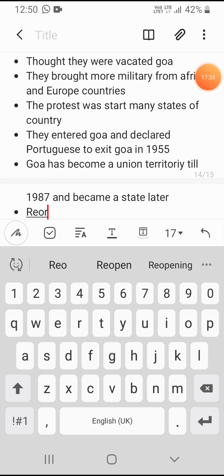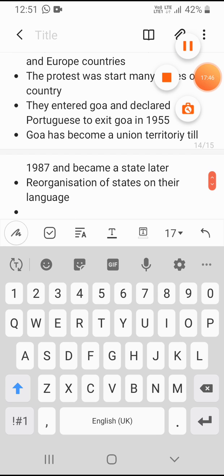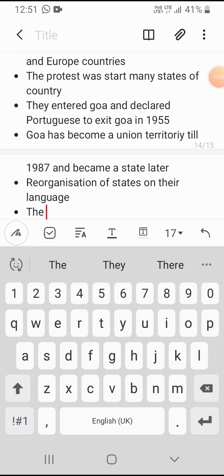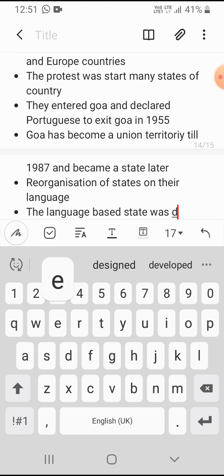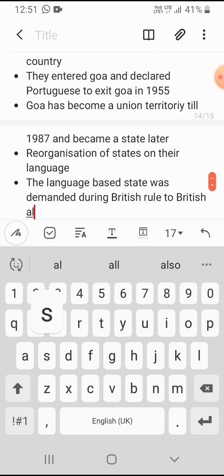The next and last topic is the reorganization of states on the basis of language. A language-based state was demanded even during British rule. People asked the British to make language-based states, but they did not.